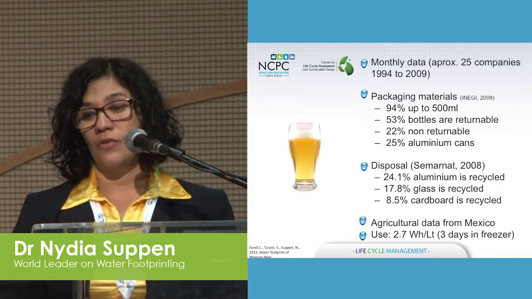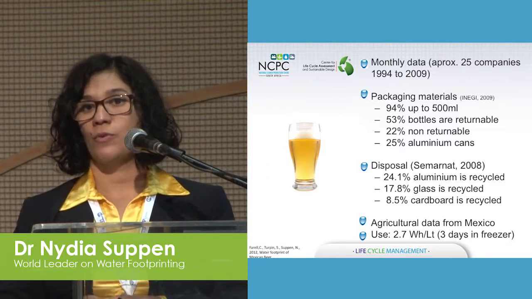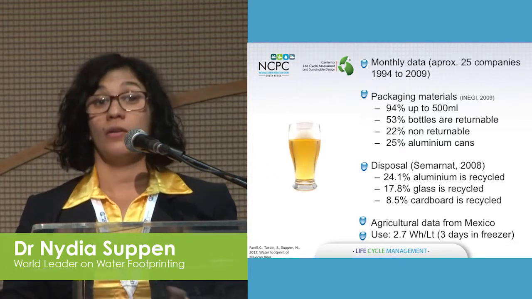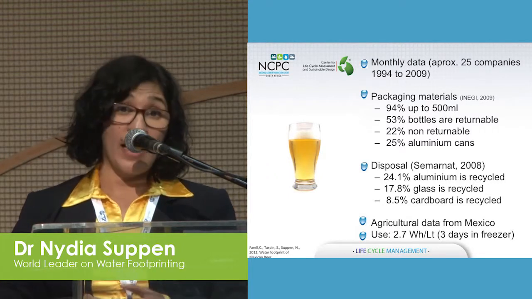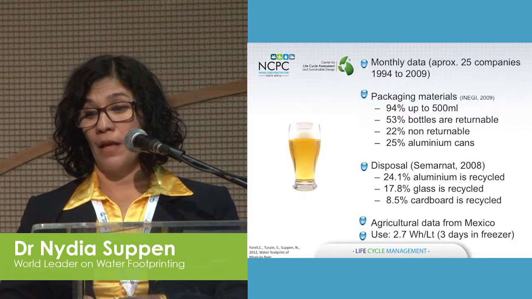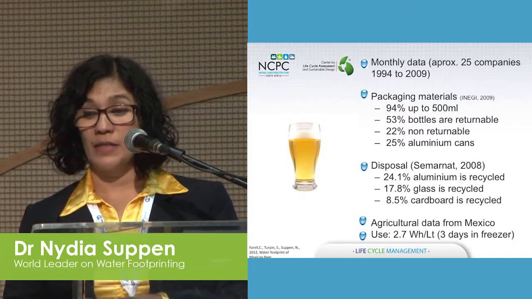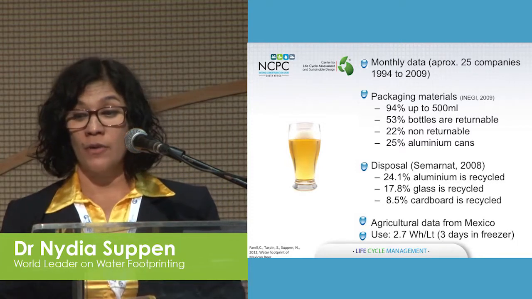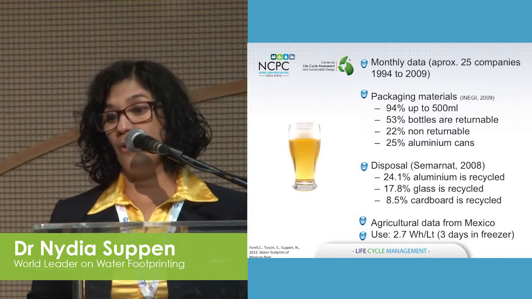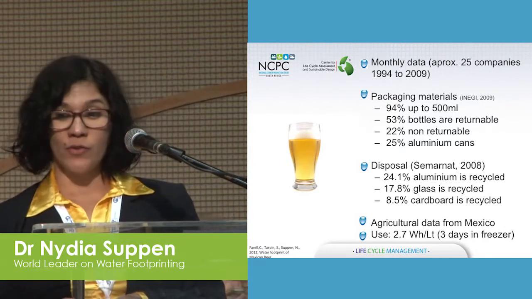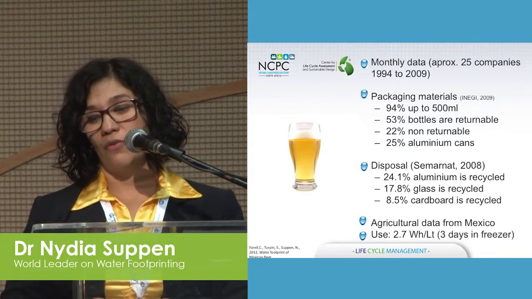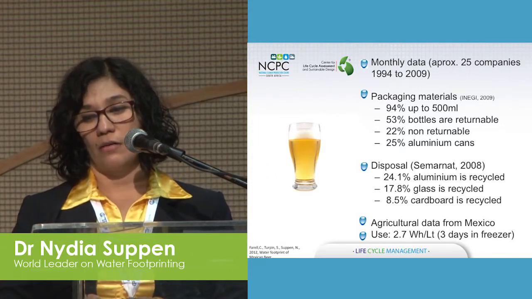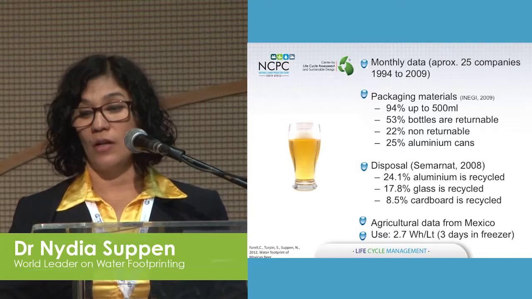The presentation is for the 500 milliliters, which was the most sold in Mexico. I think it is still the most sold in Mexico. We had glass bottles, and then we also had aluminum cans. Disposal scenarios were also considered. We have aluminum recycling, we have glass recycling, and of course the boxes to carry those to the different shops are also considered.